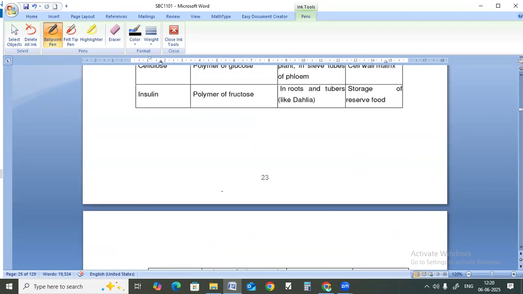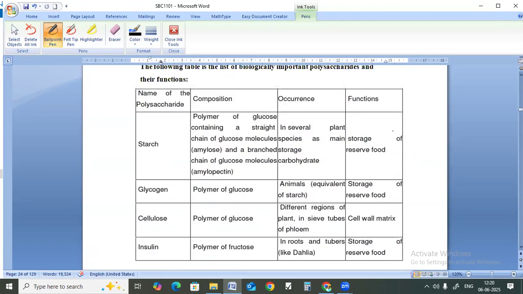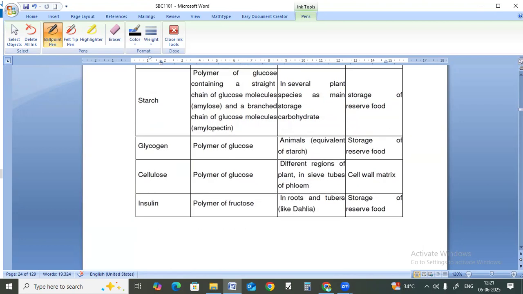Okay, here what are the functions? Starch is mainly the plant storage food, whereas glycogen is the storage of preserved food in animals.